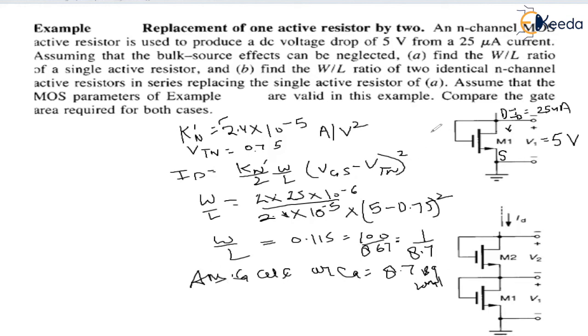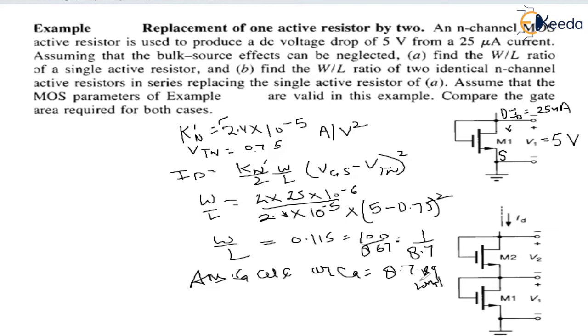In the second case, find the W by L ratio of two identical N-channel active resistors in series, replacing the single active resistor of case A. Assuming the MOS parameters of the previous example are also valid, compare the gate area required for both cases.